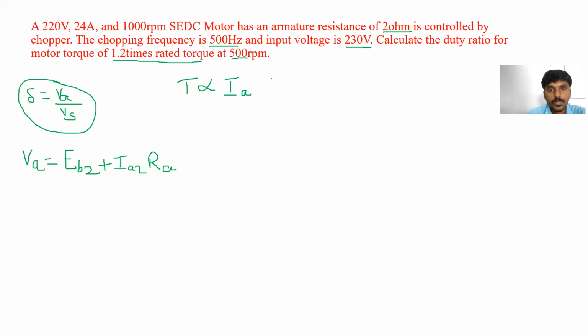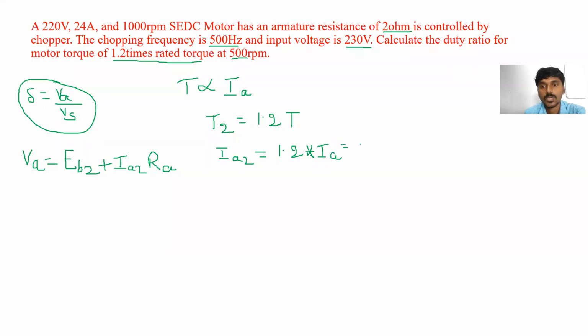For example, the motor operates at T2, which is 1.2 times the rated torque T. From this equation we can write IA2 is equal to 1.2 into IA.